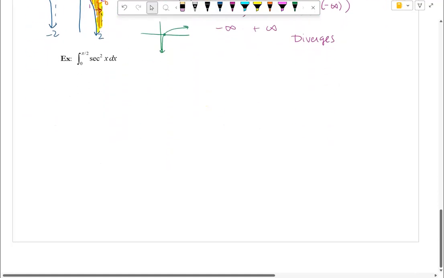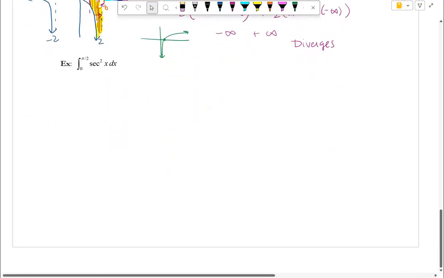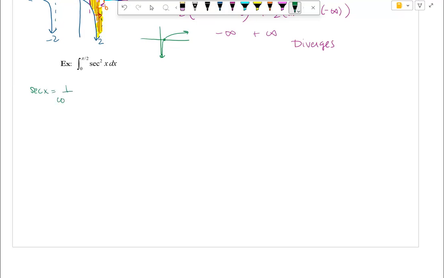All right, this very last example. We need to know where the secant of x is undefined, if it's undefined, between 0 and pi over 2. So remember that the secant of x is the reciprocal of the cosine of x, 1 over cosine of x.